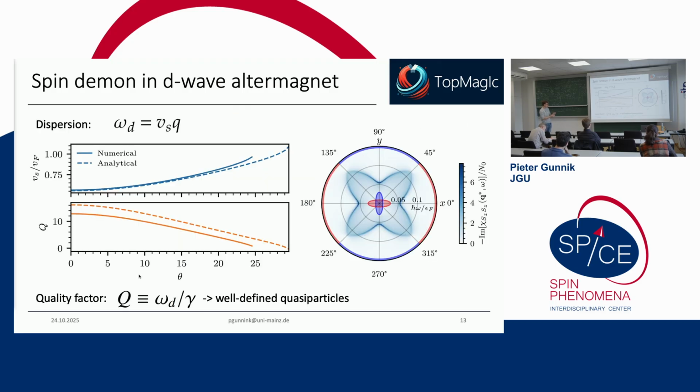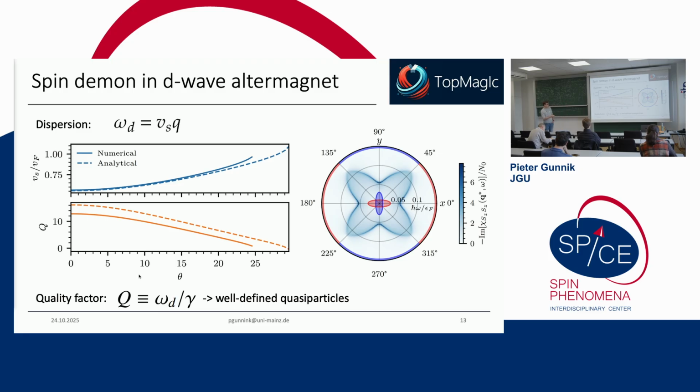Oh yeah, sorry, I should stress. From these types of plots, we can do numerics and we can do analytical calculations of the properties of this spin demon. We can derive that it's linear, and most importantly, we can derive the quality factor, that's the ratio of the line width to the eigenfrequency.